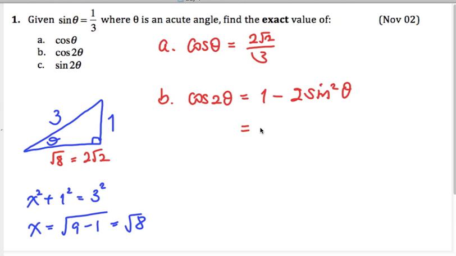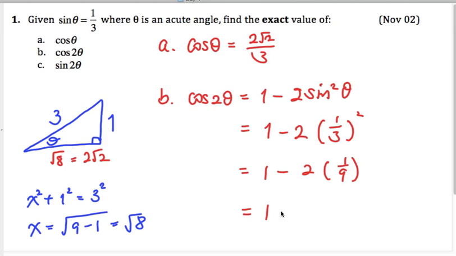Using the rules that we just talked about. So 1 minus 2 times, what is sine of theta? That's 1 over 3, and you square that. So 1 minus 2 times 1 over 9, 1 minus 2 over 9, that's 9 over 9 minus 2 over 9, so it's 7 over 9.